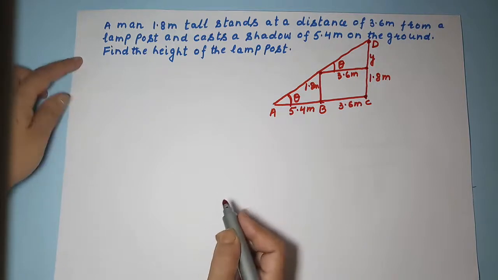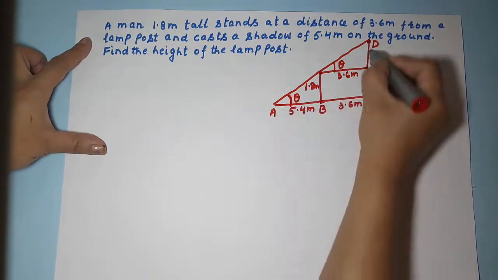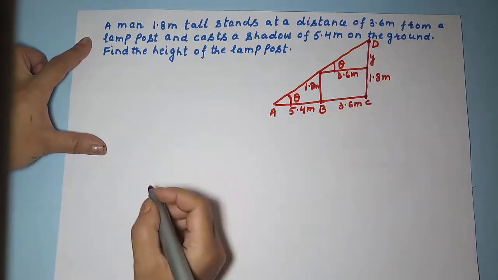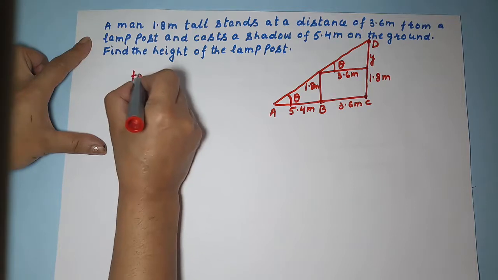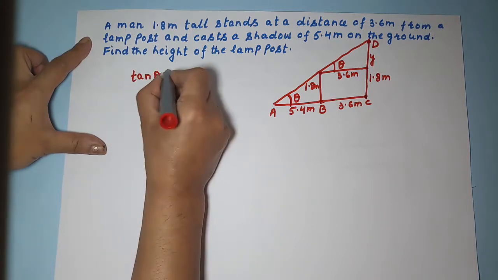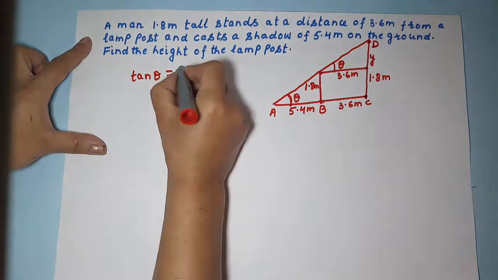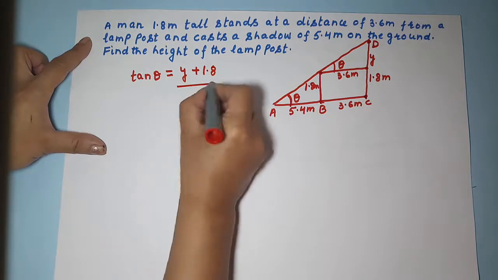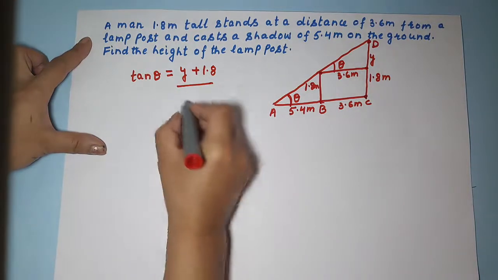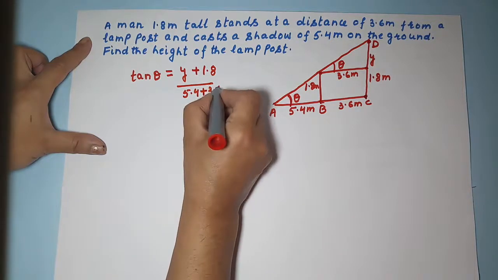Now, I will take this big triangle, and in this big triangle I have tan theta equal to opposite upon adjacent. Opposite is Y plus 1.8, and adjacent is 5.4 plus 3.6.